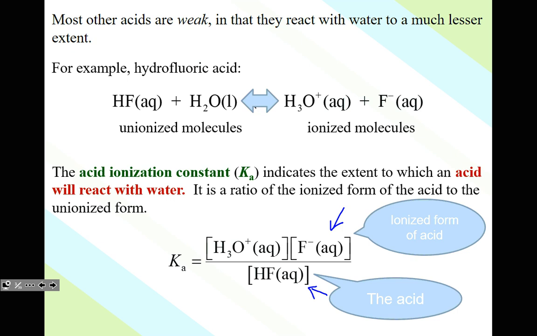Once we have the concentration of all these three, then we can figure out our Ka. We don't include water in this case, so that's not part of our reactants. This is kind of like Kc, but we call it Ka because we're looking at acids specifically. All right, kiddos?